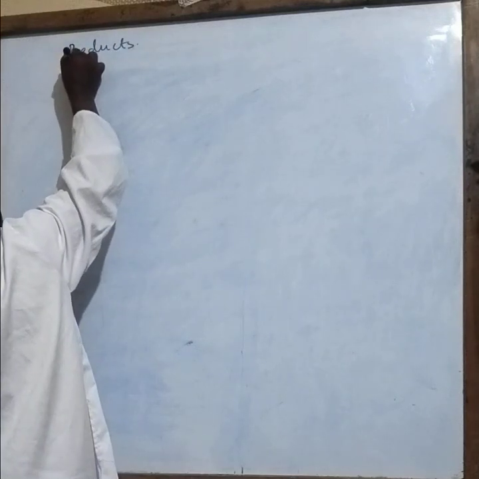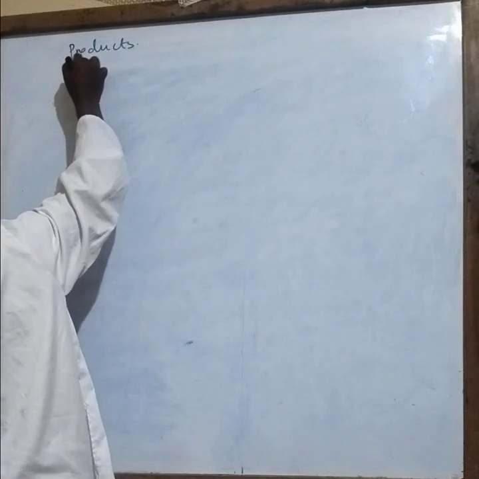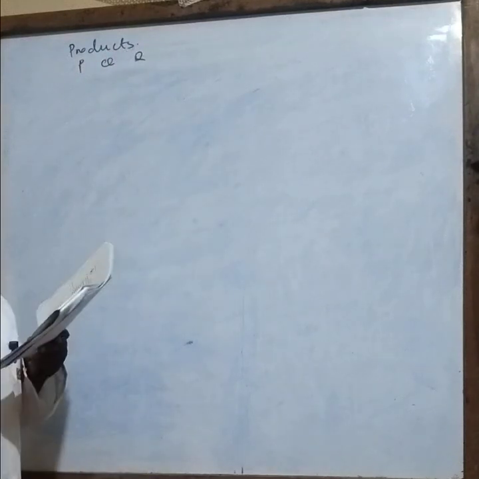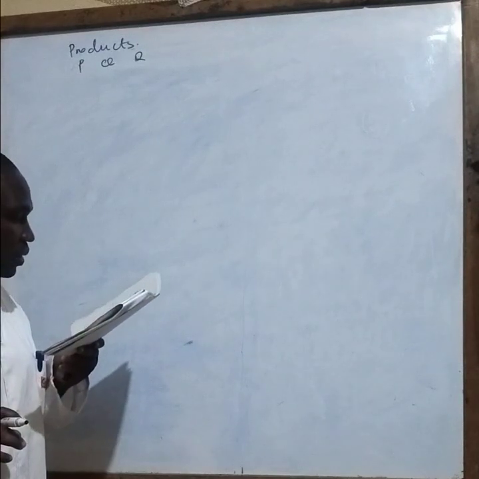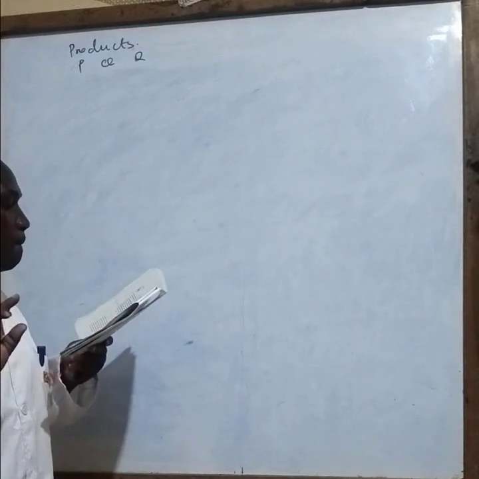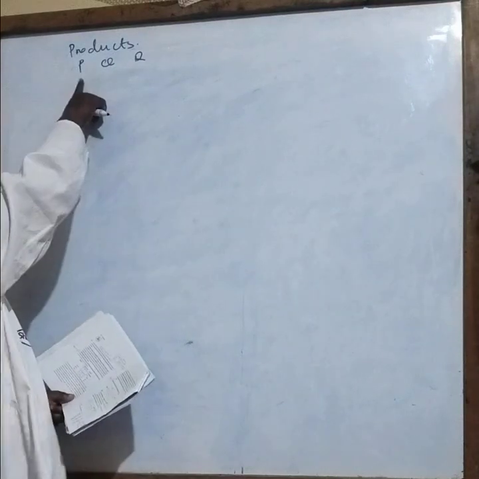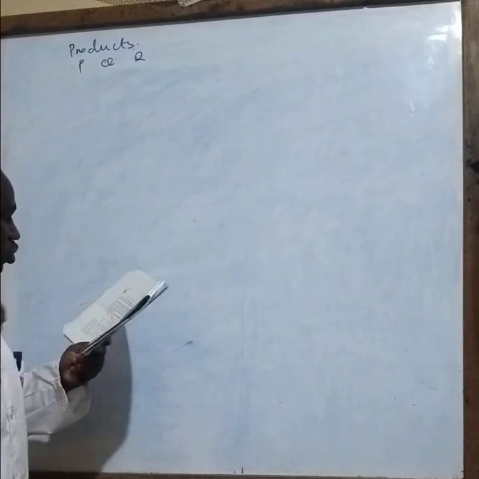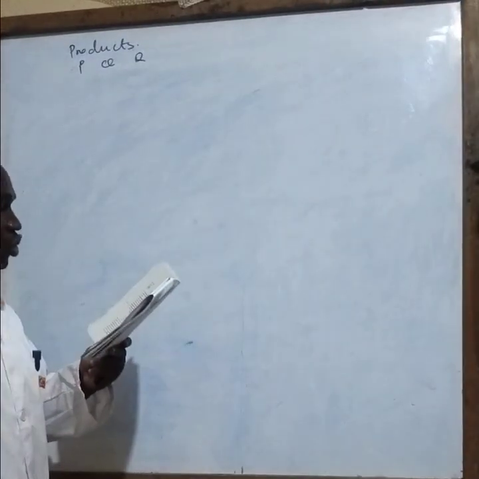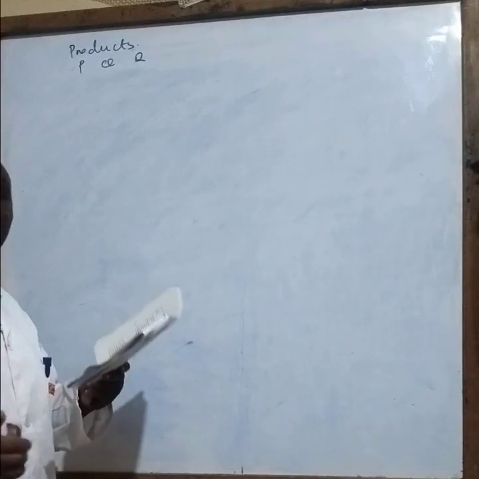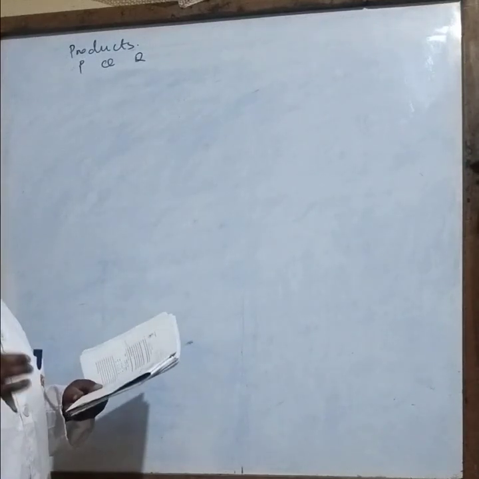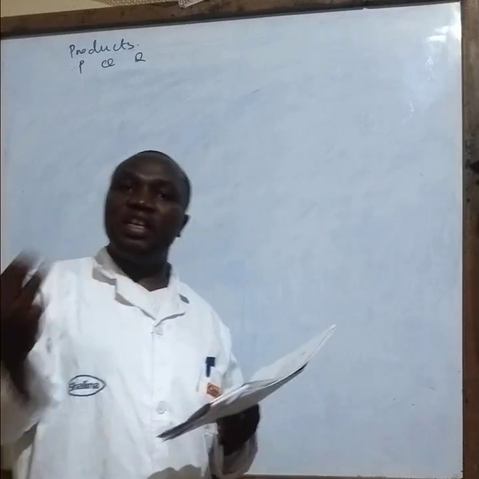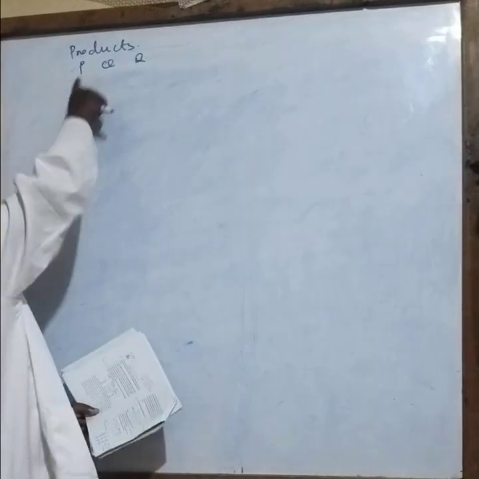Here we have product P, Q, and R. Then they are saying 1 unit of P. If you want to produce 1 unit of P, you require 1, 2, and 3 units of raw materials A, B, and C. So you combine A, 1, B, 2, then 3 for C, for you to produce 1 unit of P.